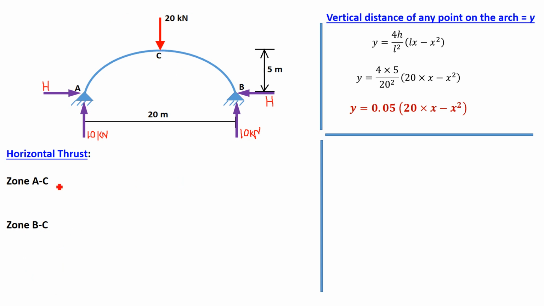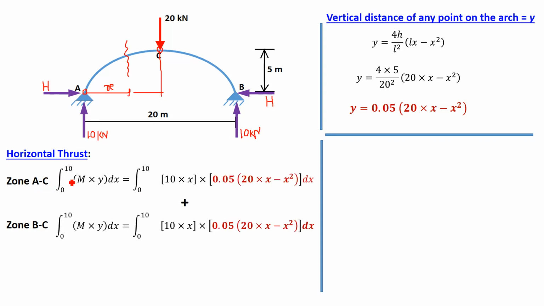In these two zones we have to take two sections. Suppose I take one section in the left zone, and the distance of this section from the left support is x. This zone starts from A and ends at C, so the limits of this zone will be 0 to 10, because this horizontal distance is 0 to 10.